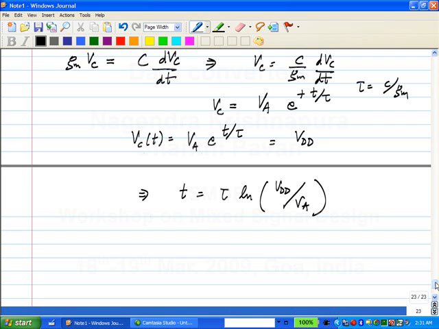Only if the input is hovering very close to the threshold, it will take long. If the input is hovering close to the threshold, in other words, VA is very close to 0, then it will take a long time. If VA is very high or very low, then the output reaches VDD very quickly. Does it make sense? Okay.